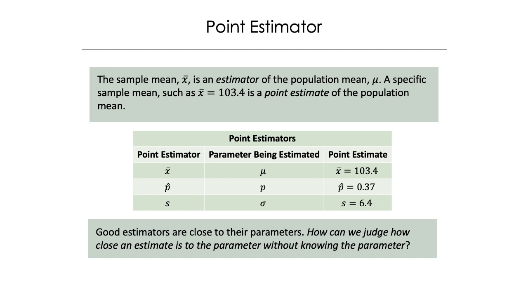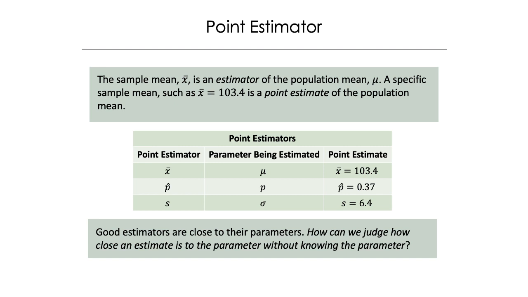The parameter that's being estimated is p, and a specific example of a point estimate would be something like p hat equals 0.37. And then finally, our last example is a point estimator s. The parameter being estimated is sigma, and a particular example of a point estimate would be s equals 6.4.